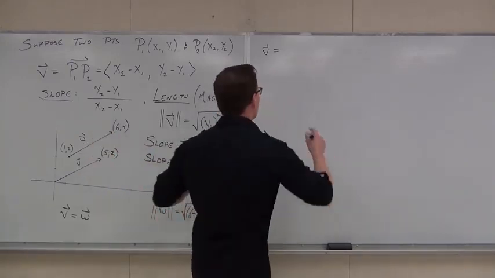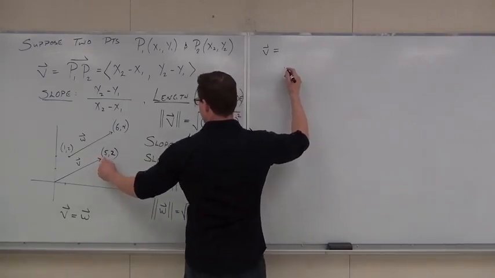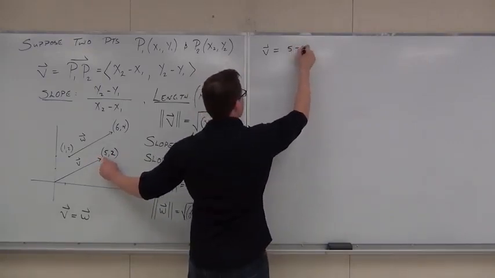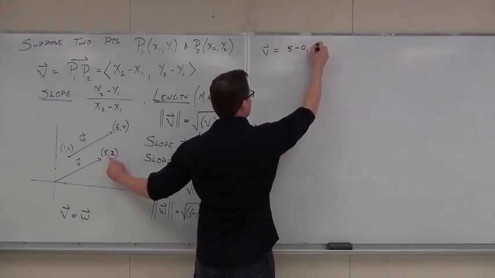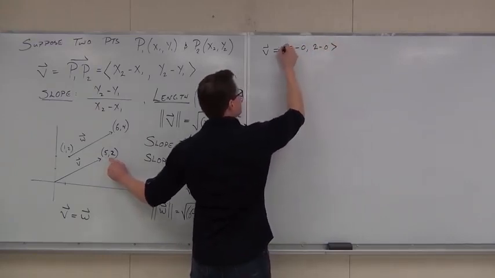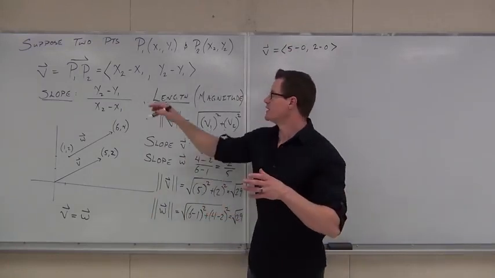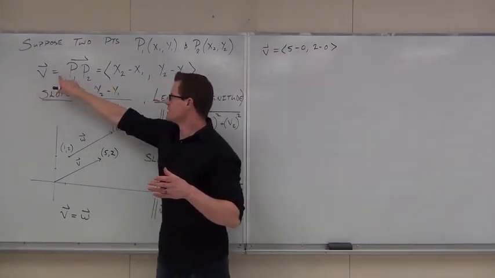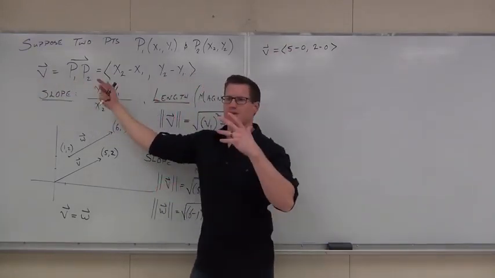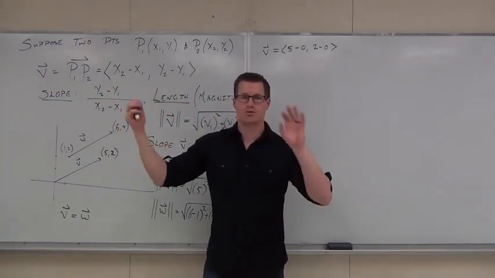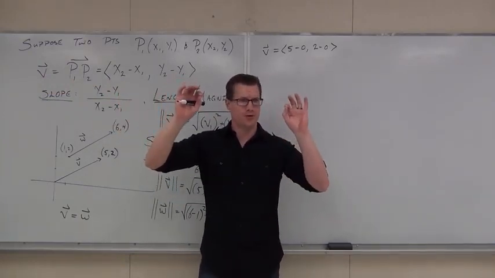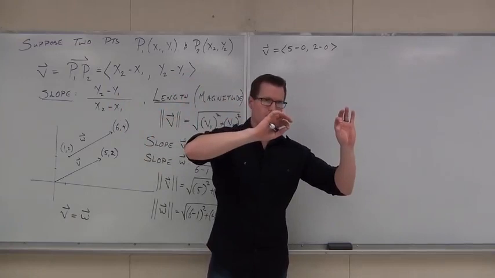So for instance, vector V says, hey, take 5 minus 0, take 2 minus 0. Put it in these brackets that say you're finding a position vector. This is how we find a vector between any 2 points. Take your x coordinates, subtract them. Take your y coordinates, subtract them, from the terminal first to the initial second.